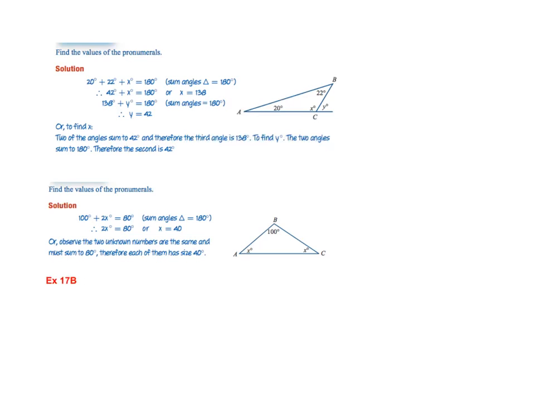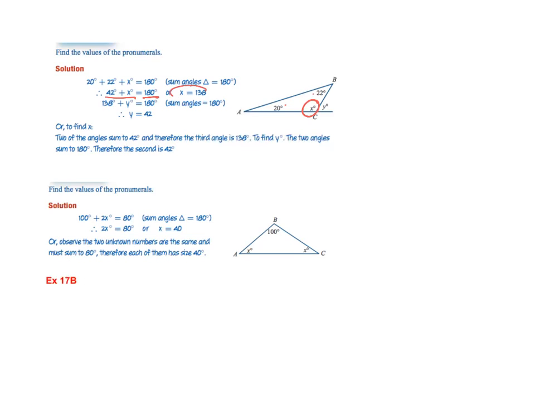So we've got a couple of questions here which have the solutions there, but I'll just walk you through it. They said find the values of the pronumeral. If we have a look at this one, we already know that these two add up to 42. So we have to add up to 180, yeah?